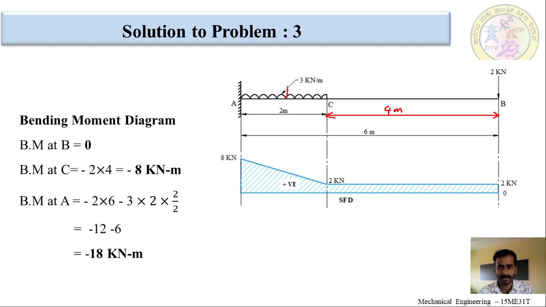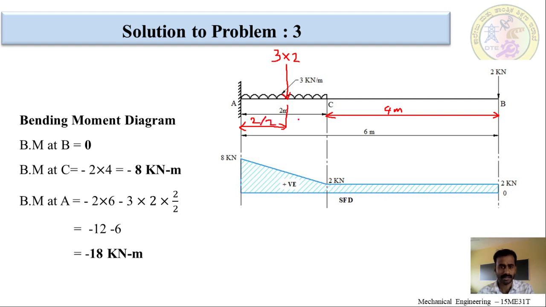So, I will replace it with the equivalent point load, which is at the center of the UDL, which is 3 into 2. So, minus 3 into 2, that is the load, and the distance is the UDL length divided by 2, half of the UDL. So, you have to consider only half of the length, that is 1 meter, or 2 divided by 2.